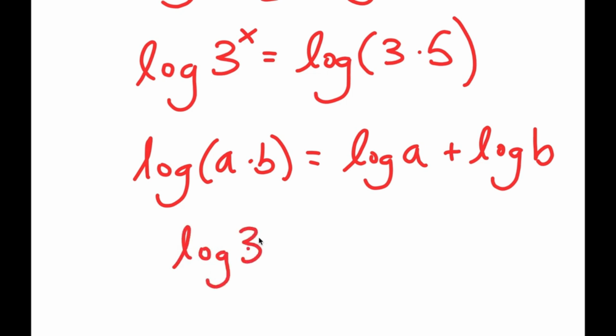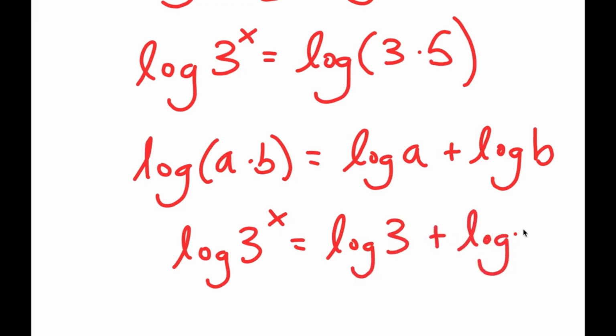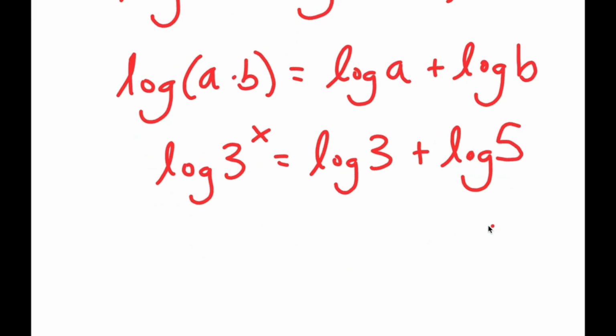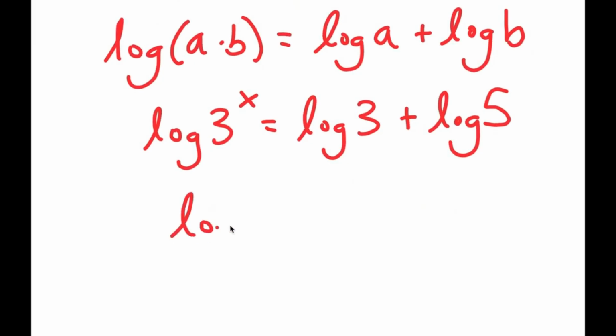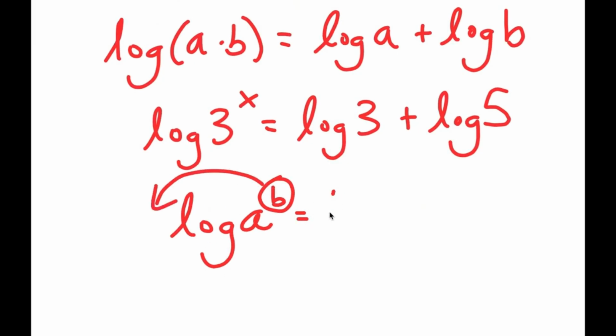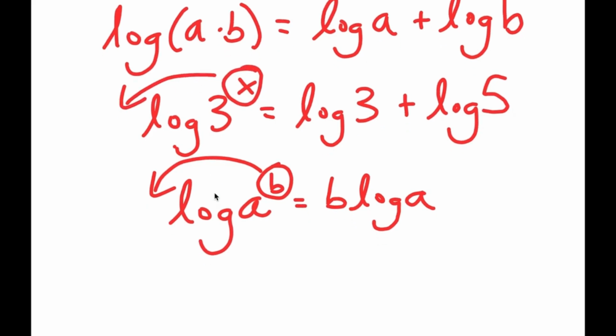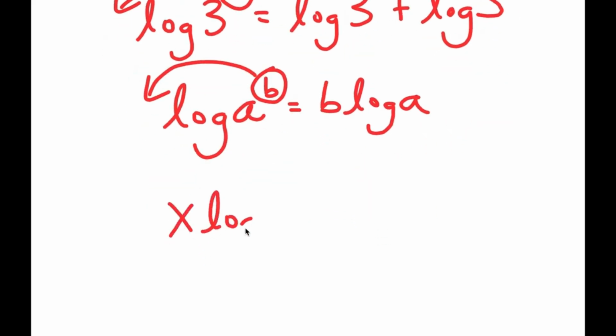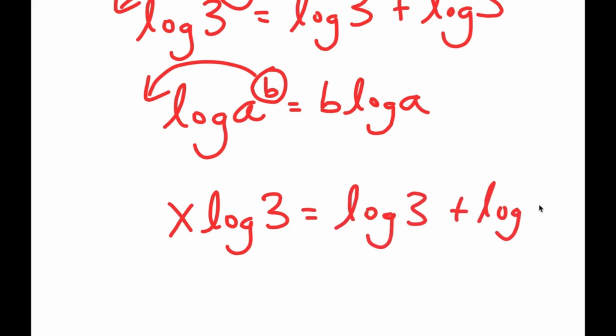So log of 3 to the power of x is equal to log 3 plus log 5. And if I have something in the form log of a to the power of b, I can move b to the front, so I get b times log a. So log of 3 to the power of x, I can move this to the front, and I get x times log 3 is equal to log 3 plus log 5.